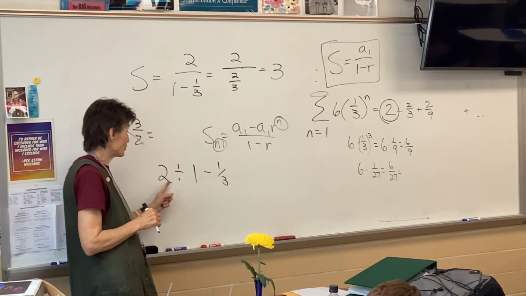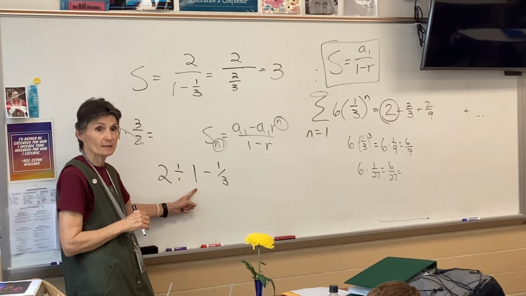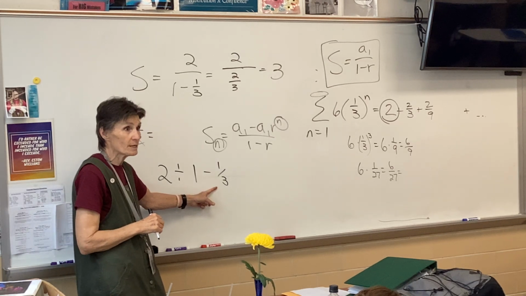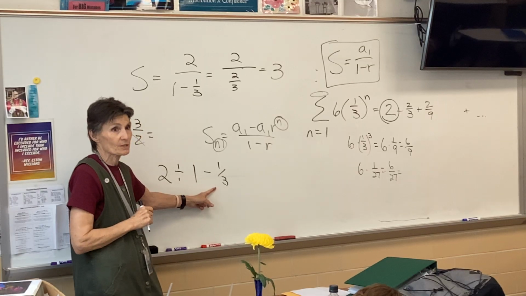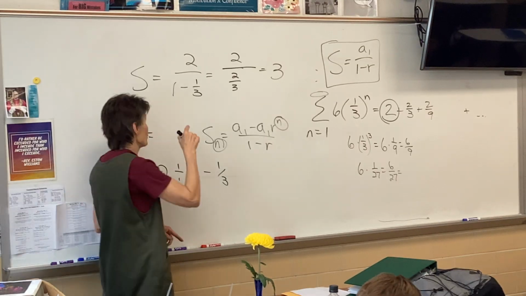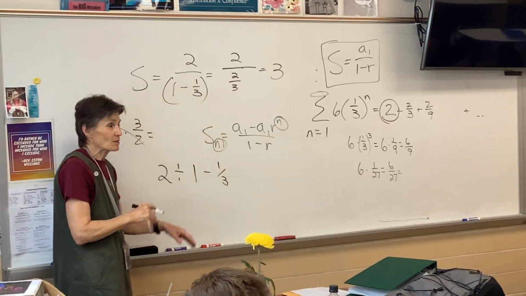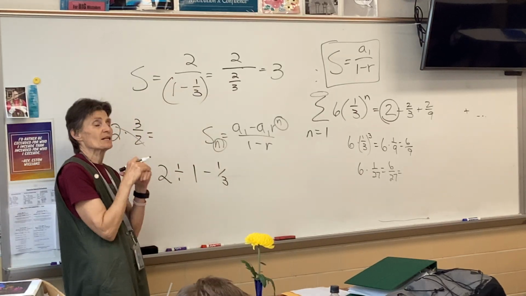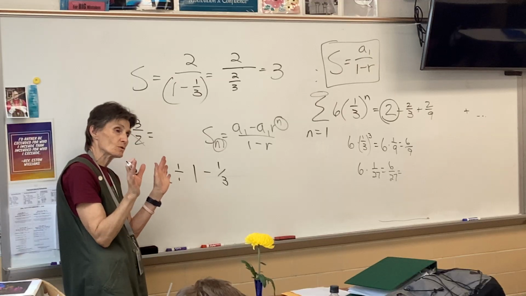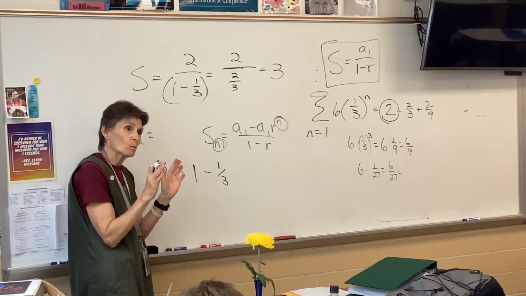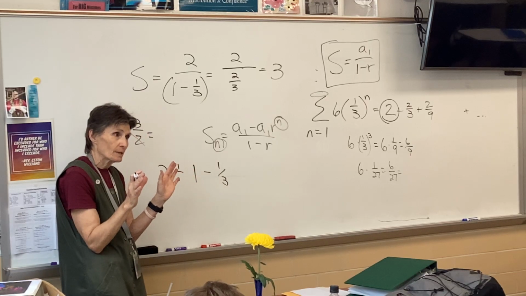So it's going to take 2 divided by 1, which is 2, and then subtract 1/3, which is how you got 5/3, but that isn't right. If you're going to leave it like this, you have to put parentheses. That's why I always do that subtraction first. There's only one right answer.